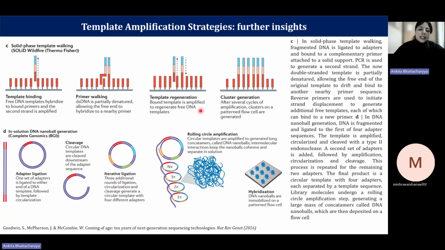Free DNA templates can be generated, they'll be washed off, and after several cycles, clusters are present on a patterned flow cell, which increases the efficiency of signal amplification. So this is, again, like I said, quite similar in a lot of aspects to the solid phase Illumina strategy, only major difference being the bridge amplification method for Illumina.